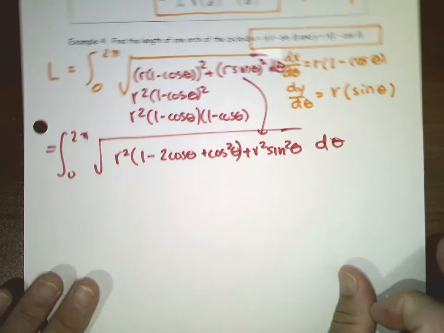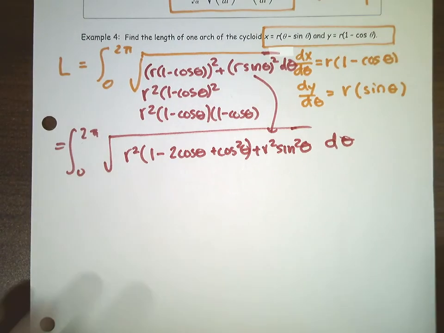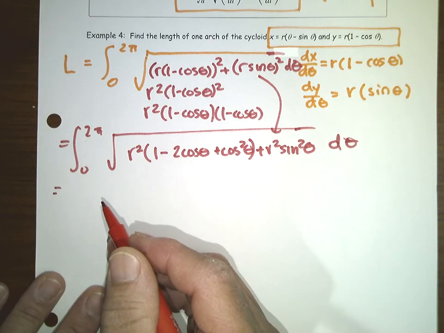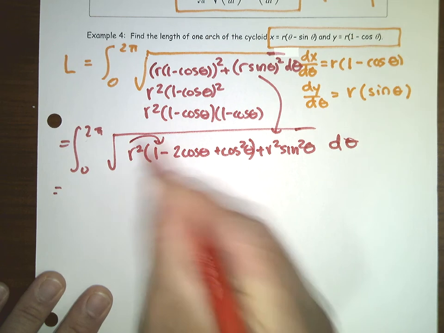And just like how we have talked about arc length in the past, we want to try to get a perfect square under the square root so that the square root will go away. All right, so let's go ahead and try to just distribute the r squared here.